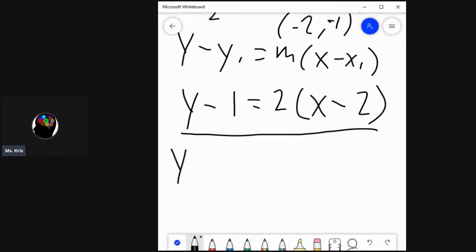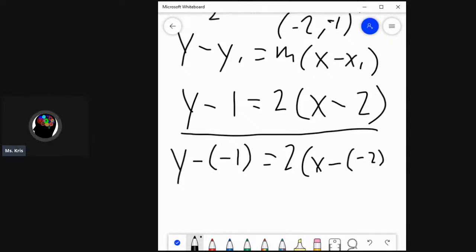You'll take y minus parenthesis a -1, because my y1 is -1, equals 2, which is my slope, times x minus parenthesis a -2, because my x1 was -2, and I close my parenthesis.